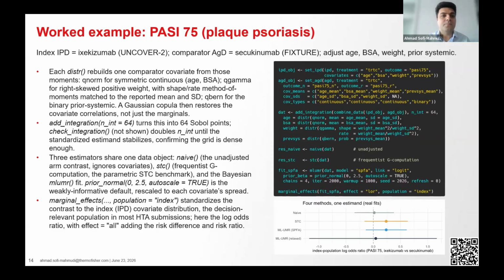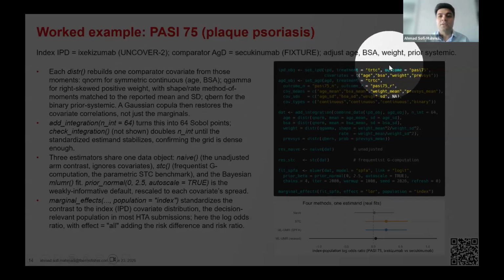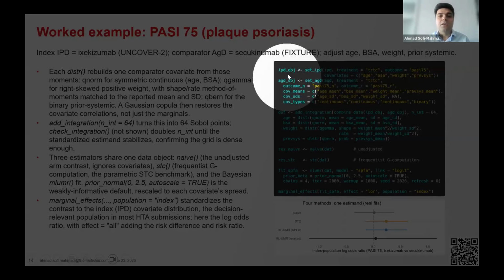I was talking about a worked example, the PASI 75 in plaque psoriasis. It's in a vignette of the multinma package that is a connected network, but here we assume that it is a disconnected network between two trials, UNCOVER-2 and FIXTURE trial, and we adjust for age, BSA, weight, and systemic disease.